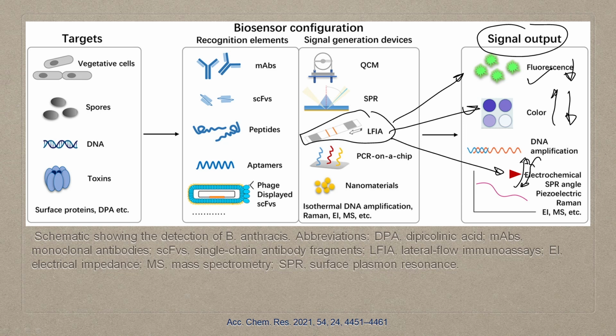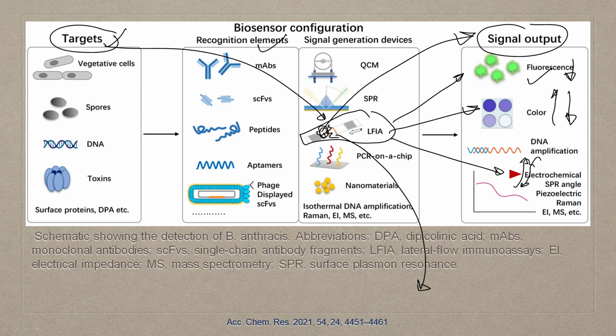Whatever the way, there has to be a significant change observed before you can make a claim. So, the target reaches here, there is a binding, and this binding is given by a signal output. This is how it works. That is why there are 4 elements: target, recognition element, and so on. In this case, the recognition element is, say, an antibody which is embedded on this.